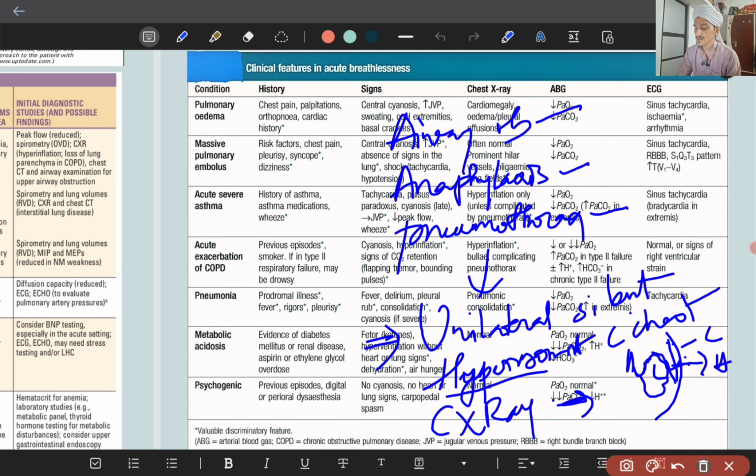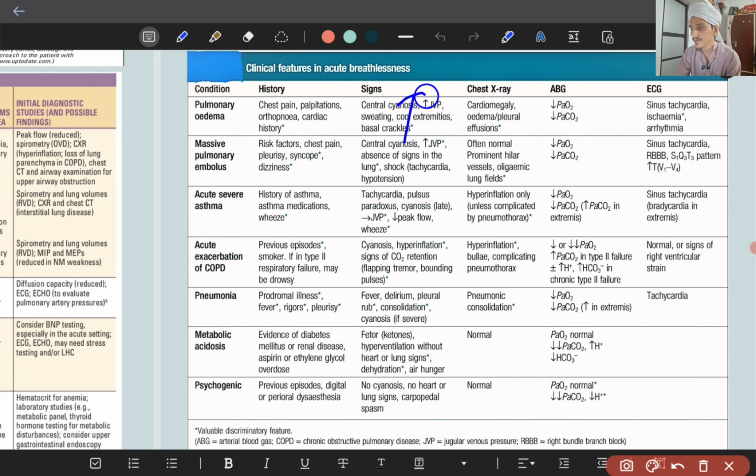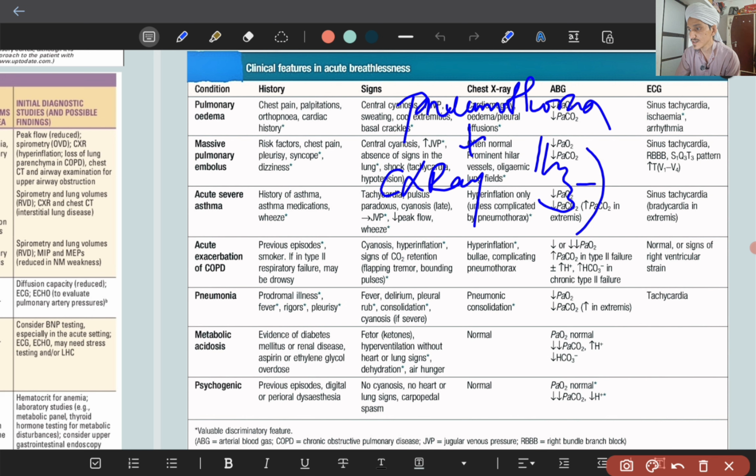Based upon this, in pneumothorax on chest X-ray, this is the lung, this is the chest wall, and this is the distance between the lung margin and the chest wall. If this is more than 2 centimeters, it is called a large pneumothorax. If it is less than 2 centimeters, it is called a small pneumothorax.